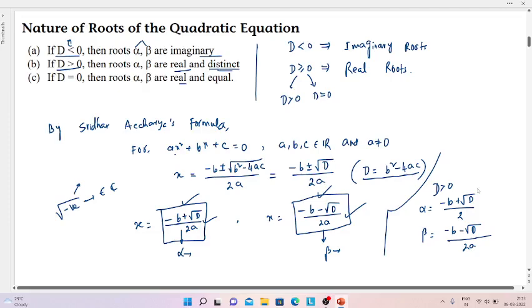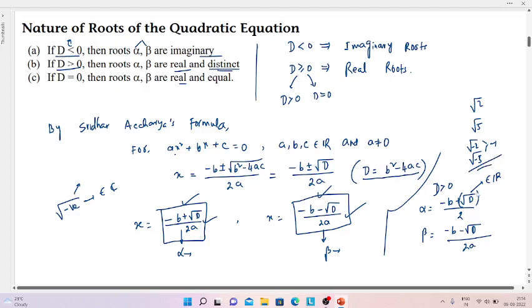So if D is greater than 0, definitely the root part will be a real number, right? You know, root 2 is real, root 5 is real, but root of minus 2 is not a real number. Root of minus 5 is not a real number. These are actually imaginary numbers, sometimes called complex numbers.